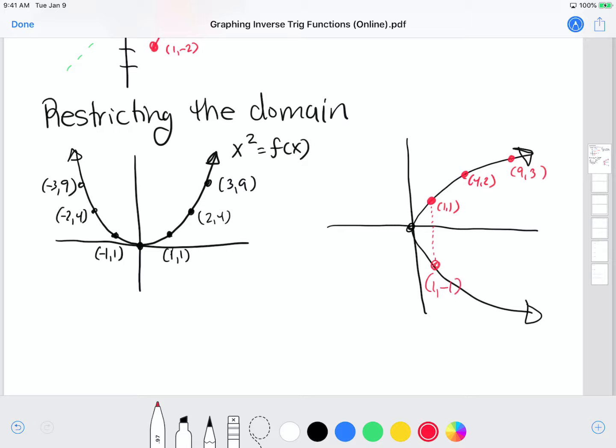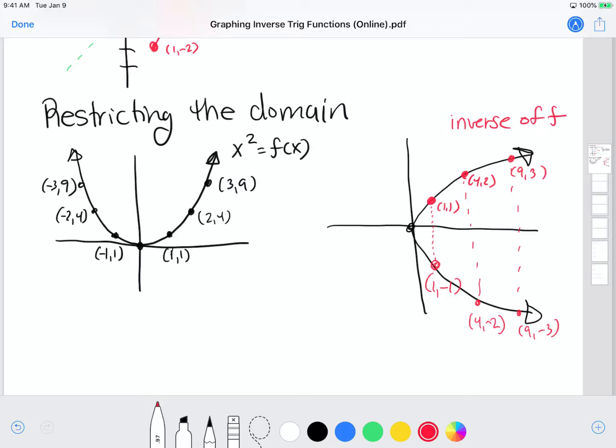So I'll get this point here. And then if I swap negative 2, 4, I'm going to get the point 4, negative 2. And then if I swap the point negative 3, 9, I'm going to get the point 9, negative 3.